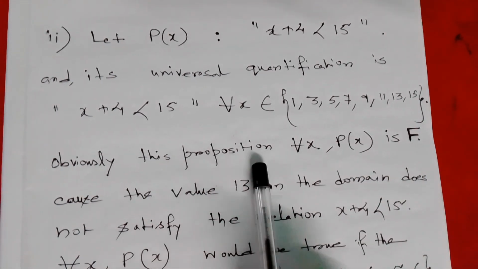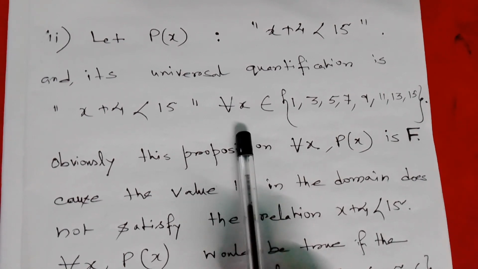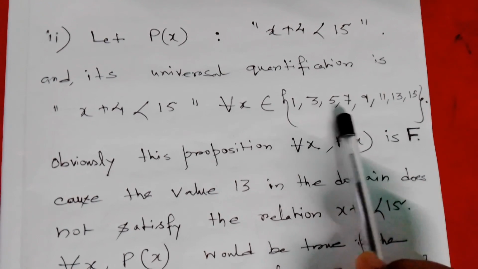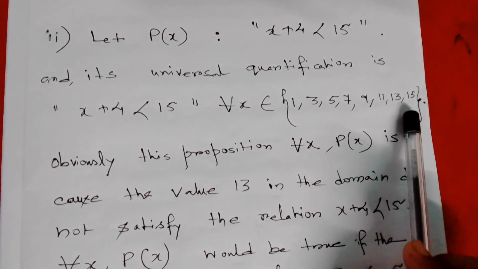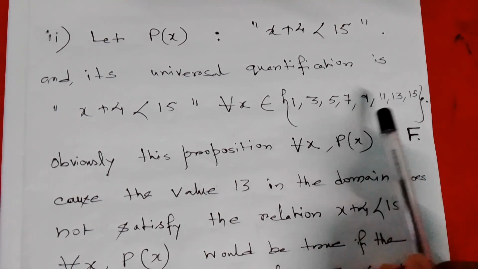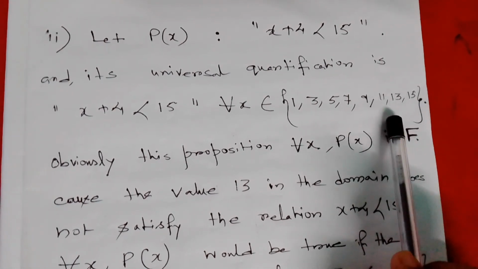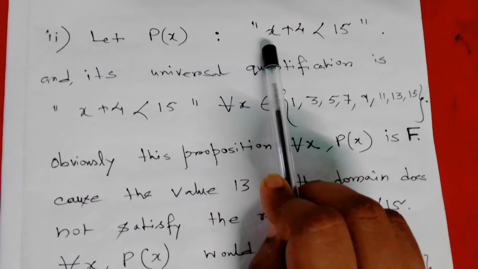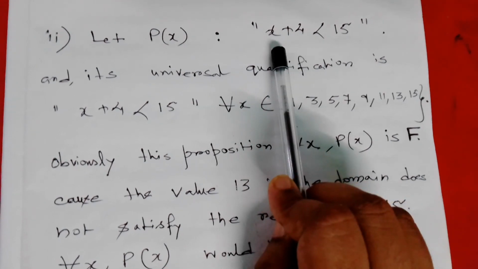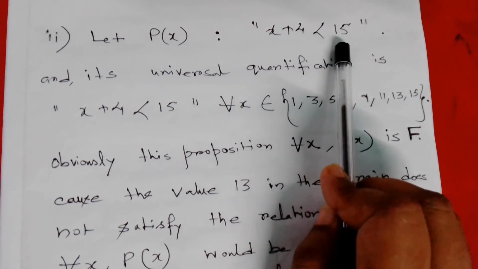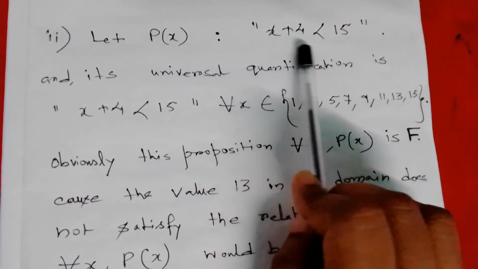Obviously this proposition is false, because when the value of x is 11, 11 plus 4 is 15, and 15 is not less than 15.